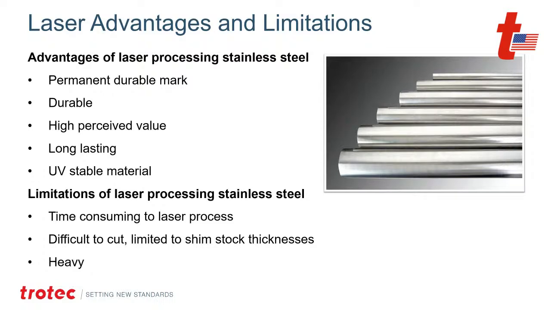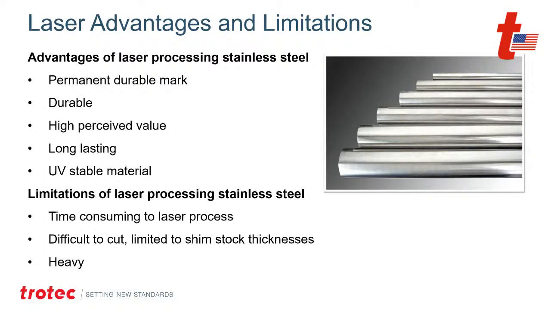Now, there are some limitations. It is more time consuming because it is such a dense material. It requires a little more laser power or more time in order to process, especially if you want a little bit of depth or more depth into the surface. It's also extremely difficult to cut. I don't recommend cutting stainless steel with a CO2 or fiber.